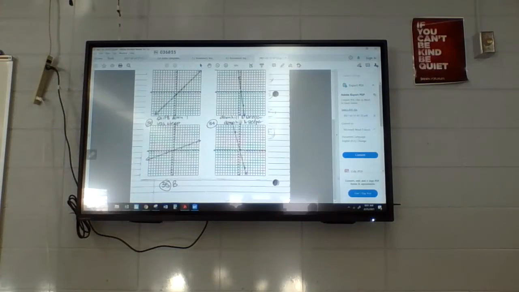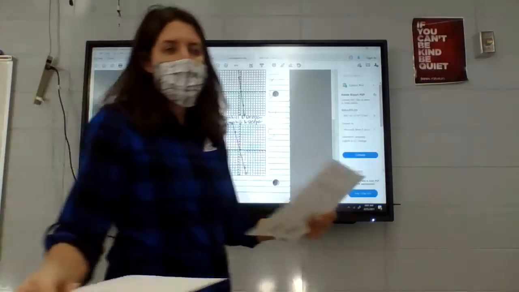So we need to get the notes out from last time. The 4-7 notes, I'm hoping you guys all still have those. If you don't, I do have a couple of blank ones if you absolutely can't find it.